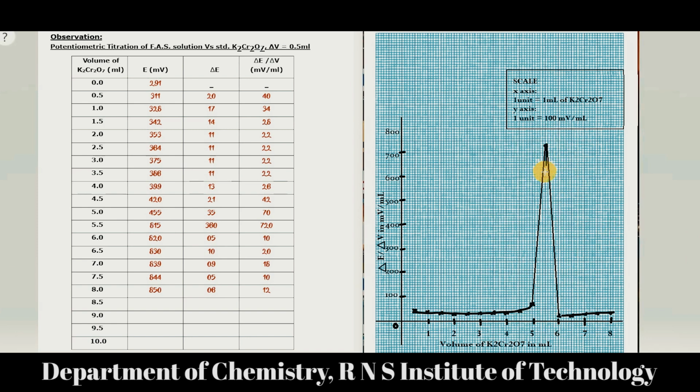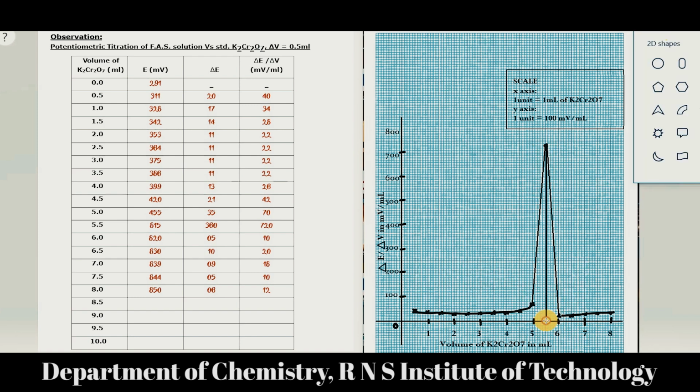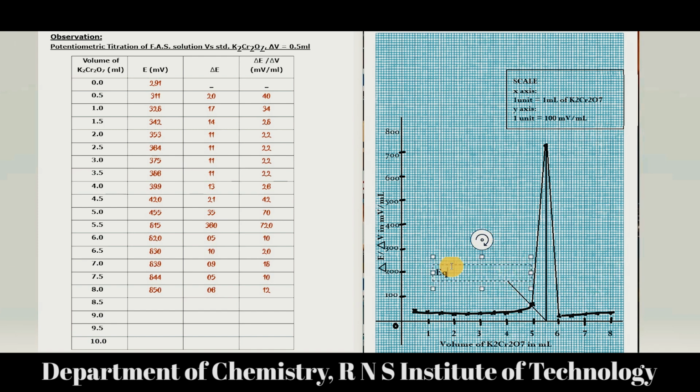Now the peak point is nothing but the equivalence point. Draw a line to the x-axis by using a scale, and put an arrow and mark it as the equivalence point.